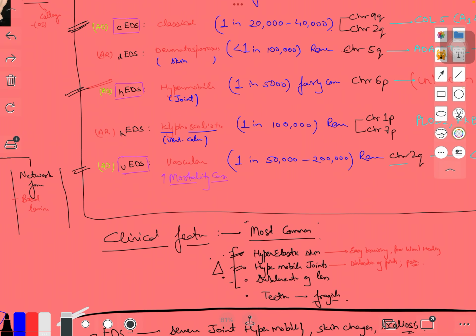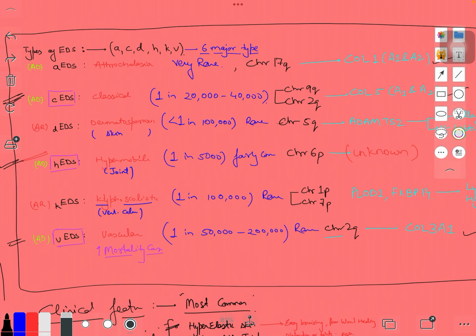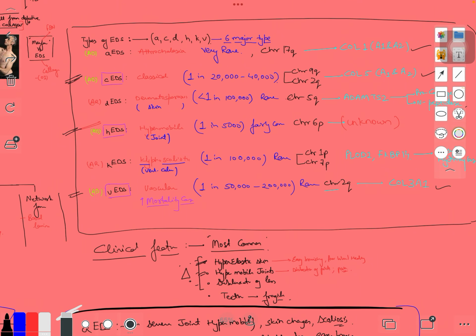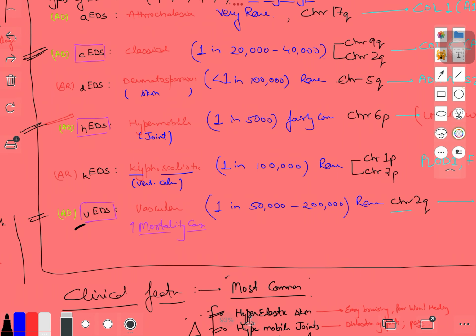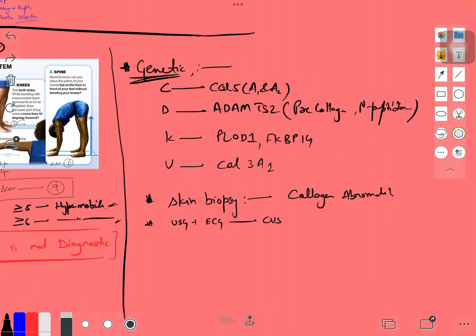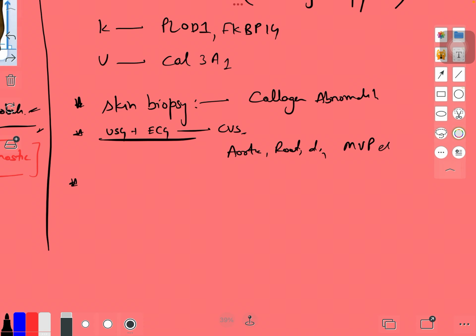In other variants also there is defective collagen, and the defective collagen is also present in the vessels of the body. So all the different variants will also affect the cardiovascular system. However, most among all of them is the VEDS, right? So still, let's say if the patient has classical, we still monitor the cardiovascular health of the patient. So go with the USG and the ECG to check the cardiovascular system, and we check for aortic root dilatation, mitral valve prolapse, etc., right?